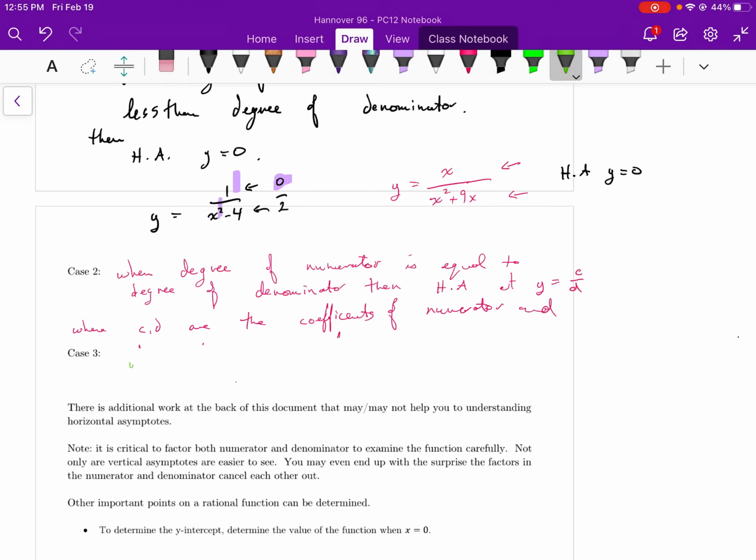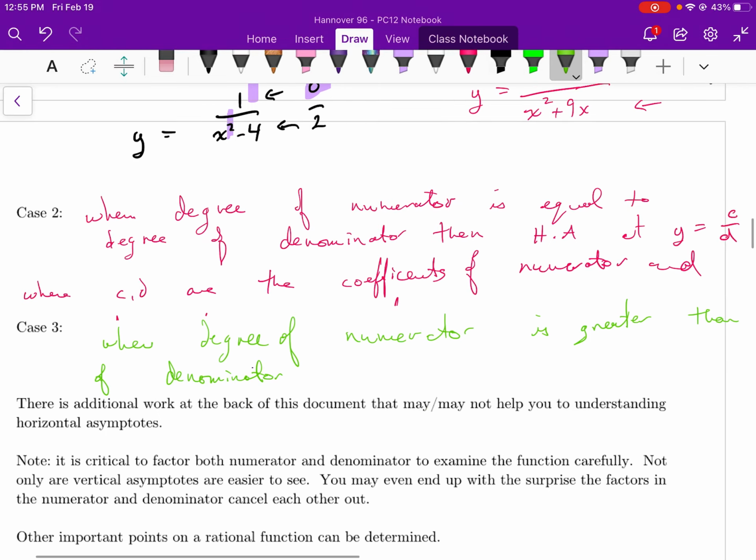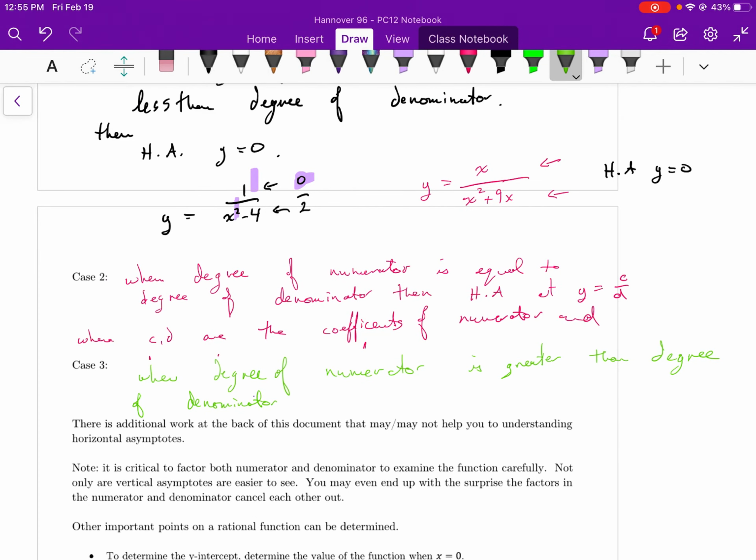Now we need to discuss when the degree of the numerator is greater than the degree of the denominator. In that case, no horizontal asymptote exists.